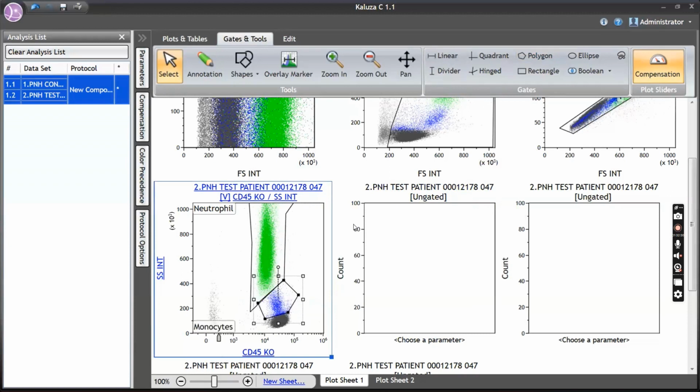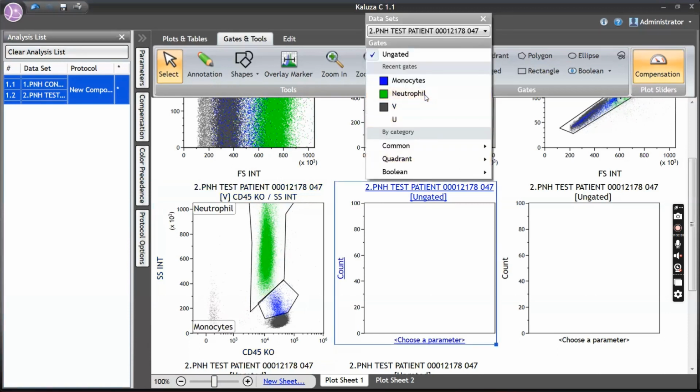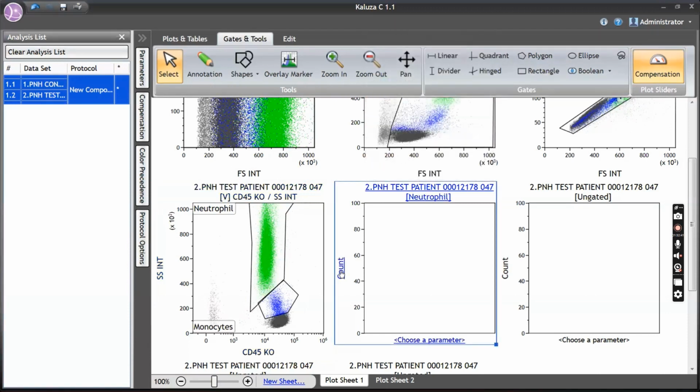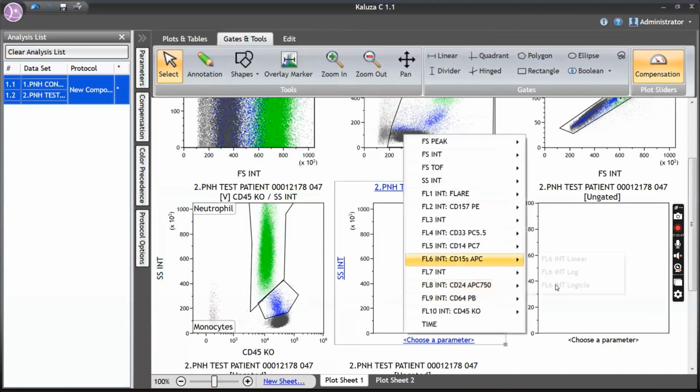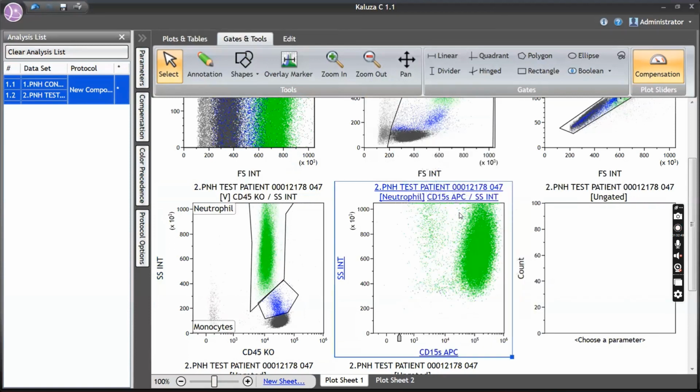Right. Now, what is the next thing which I need to do? Purify the neutrophils. So I'll take the neutrophils. How do I purify them? CD15. Perfect. Side scatter versus CD15. Okay. Now you see this cluster is purified neutrophils, and these are some eosinophils and other populations.